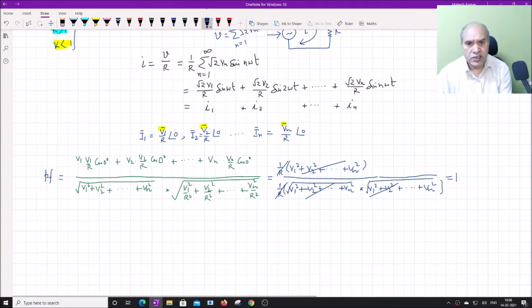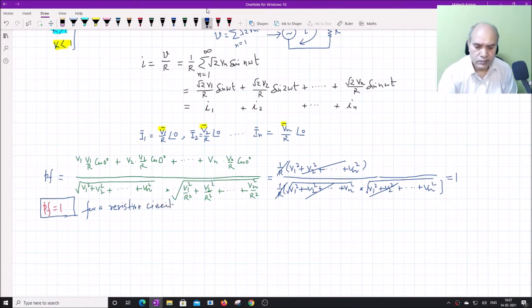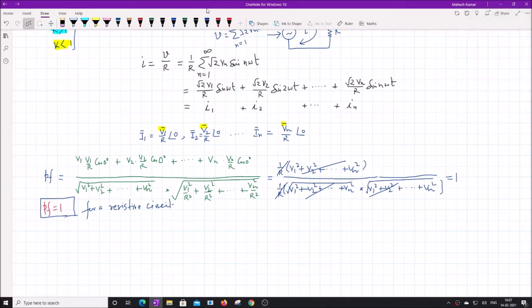So what do we see? That power factor is equal to 1 for a resistive circuit. Power factor is unity, irrespective of the fact that there are harmonics in voltage and current.